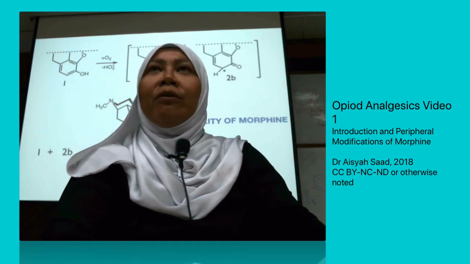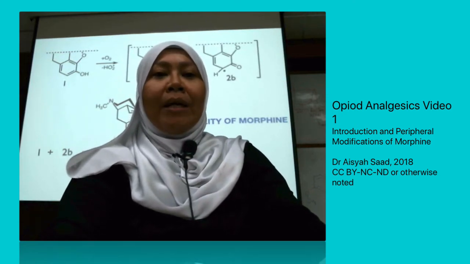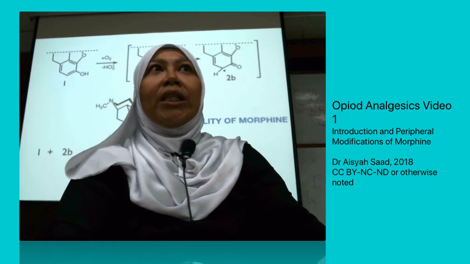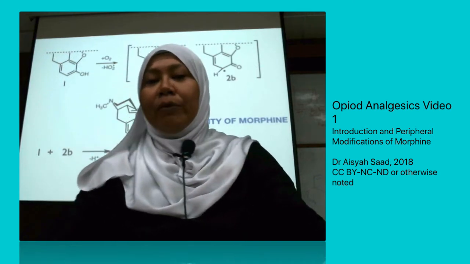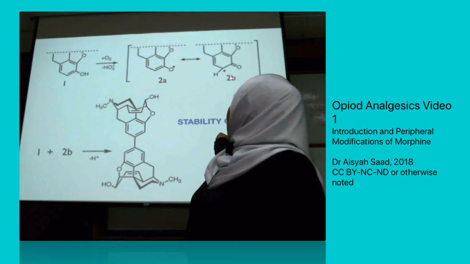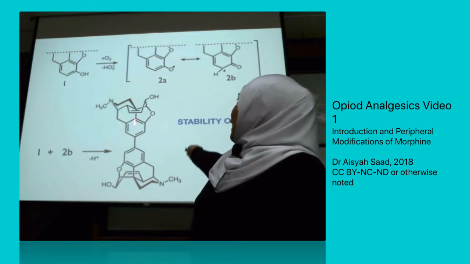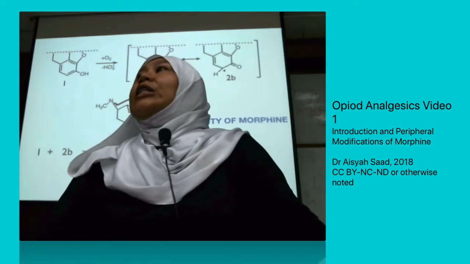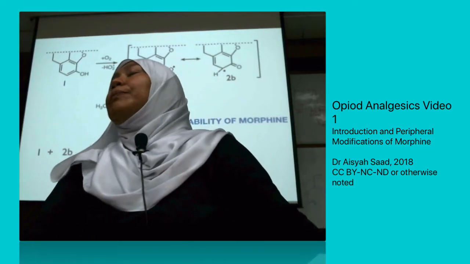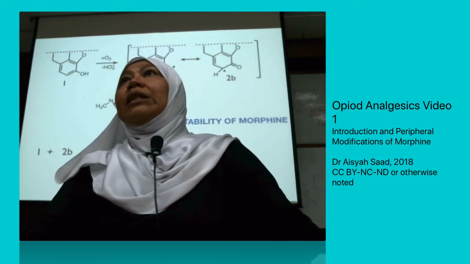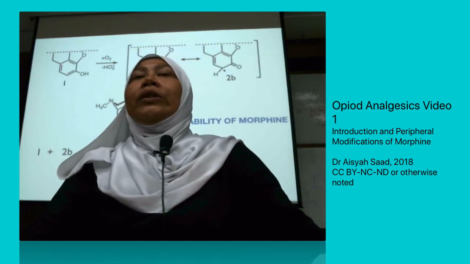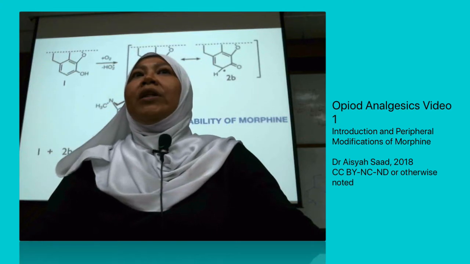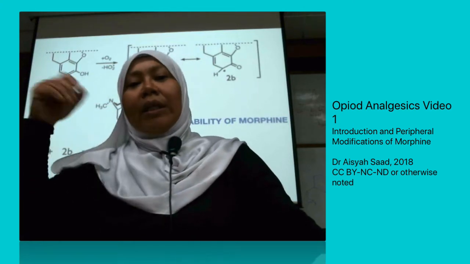The important thing is that if you remember your aromatic chemistry, morphine can undergo radical formation, and at the end it will form a dimer. When it forms a dimer, it's no longer potent. It has no activity as a dimer. So if you expose morphine to extreme conditions, like heat, this will happen.